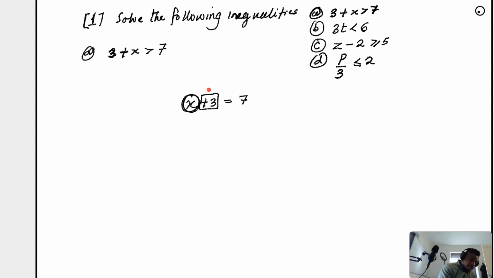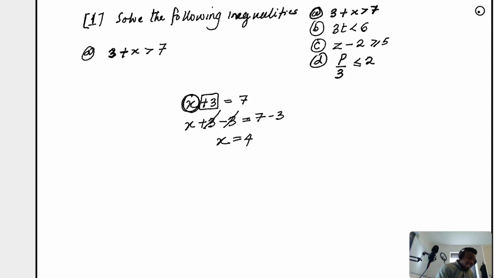For me to remove plus 3 on the left-hand side, I have to add the opposite of what I'm removing. What I'm removing is plus 3, so I want to add -3 to both sides. So plus 3 minus 3 will cancel out. So x is remaining here, and 7 minus 3, that is 4.